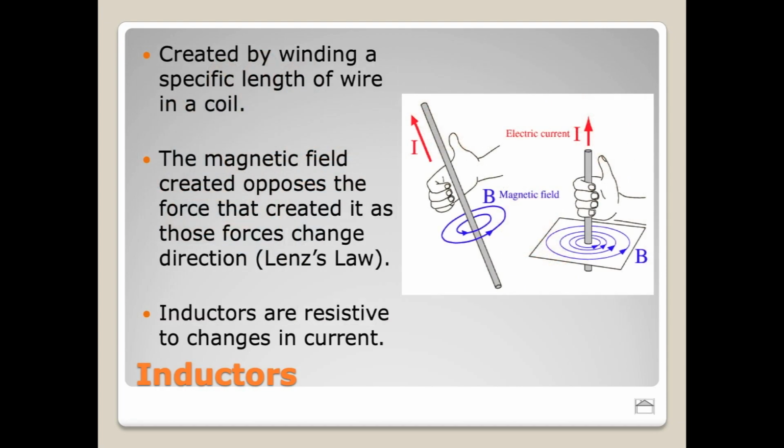Okay, so we're talking about this idea of the magnetic field opposing the electrical field, and vice versa. This particular principle is called Lenz's law. We talked about this with the auto transformer, right? Remember, if we've got our alternating current wave, the magnetic field kind of lags behind it.